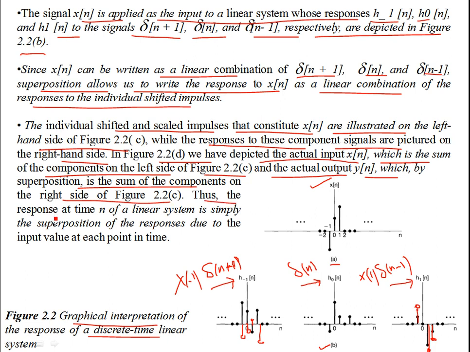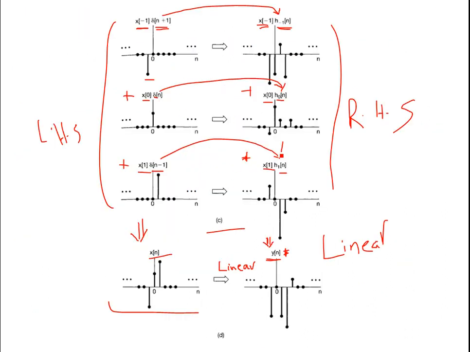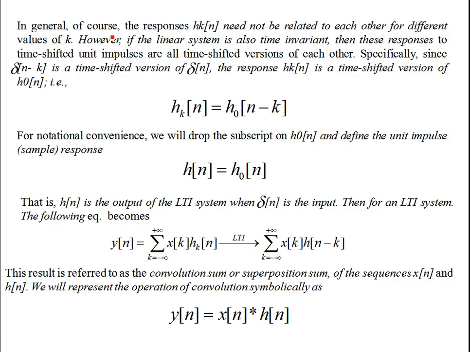Thus, the response at time n of a linear system is simply the superposition of responses due to the input value at each point in time. It's just the superposition of all the individual values. Now, in general, of course, the responses hk of n need not be related to each other for different values of k.